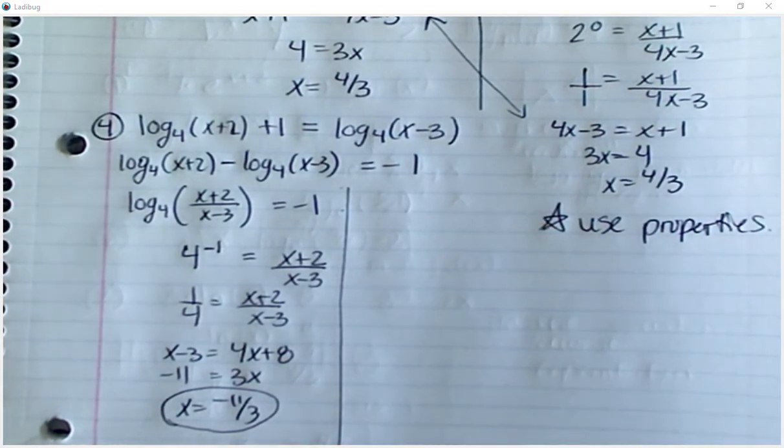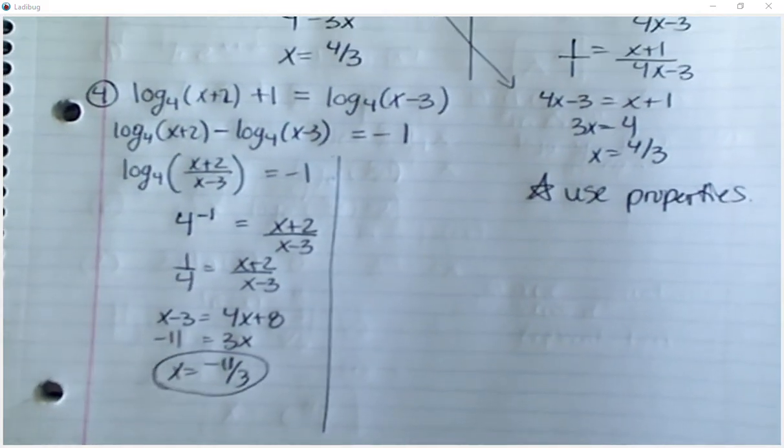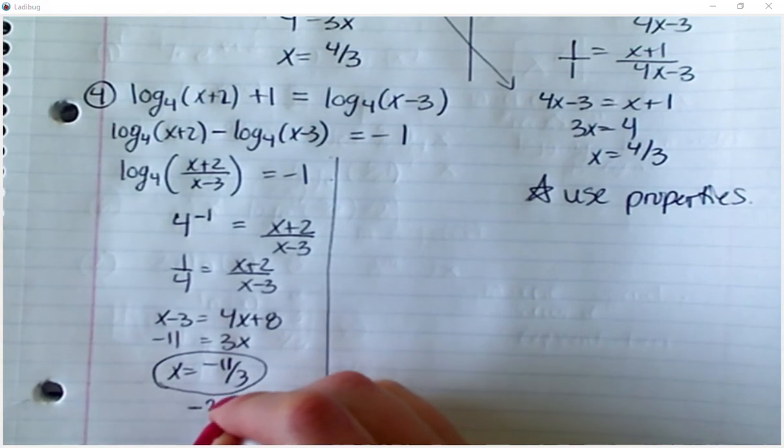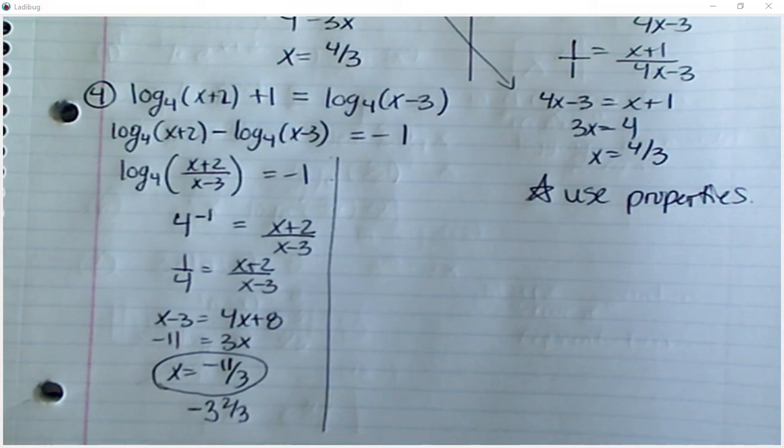I'm going to do the other format. I'll give you a second to catch up. Can I get a mixed number? Negative 3 2/3. I was just curious what two integers it fell between.